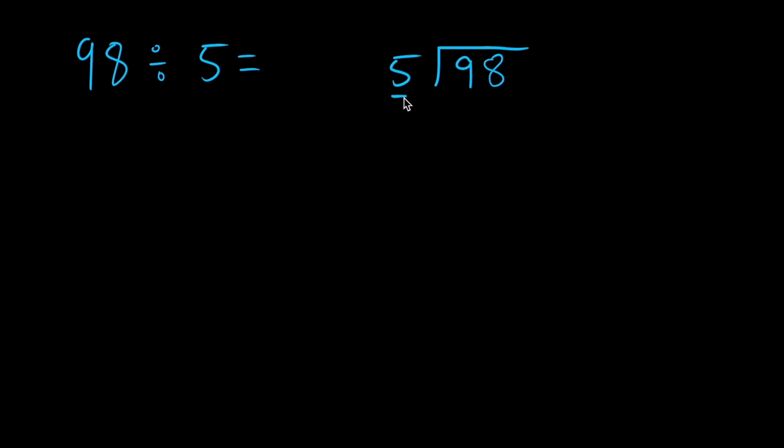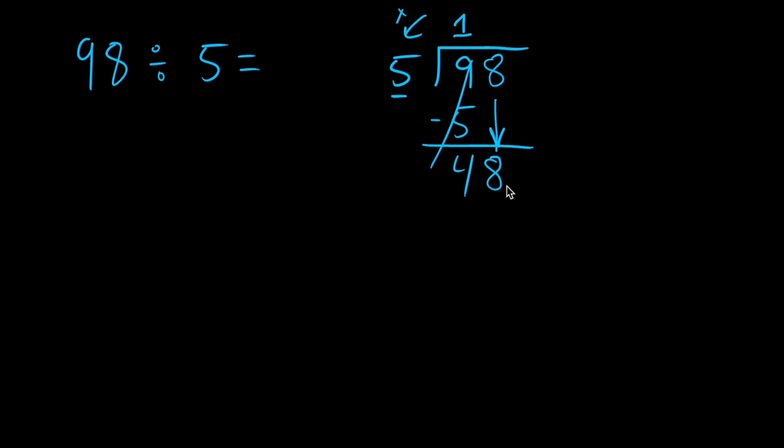How many times can 5 fit into 9? One time. So we multiply 1 times 5. That gives us 5. Then we subtract 9 minus 5. That becomes 4. And then we bring down the 8.